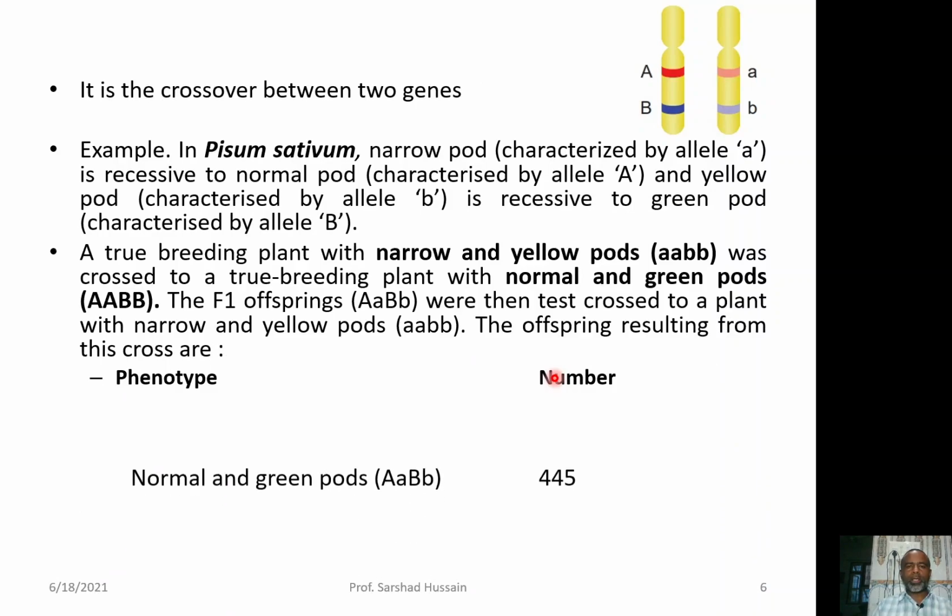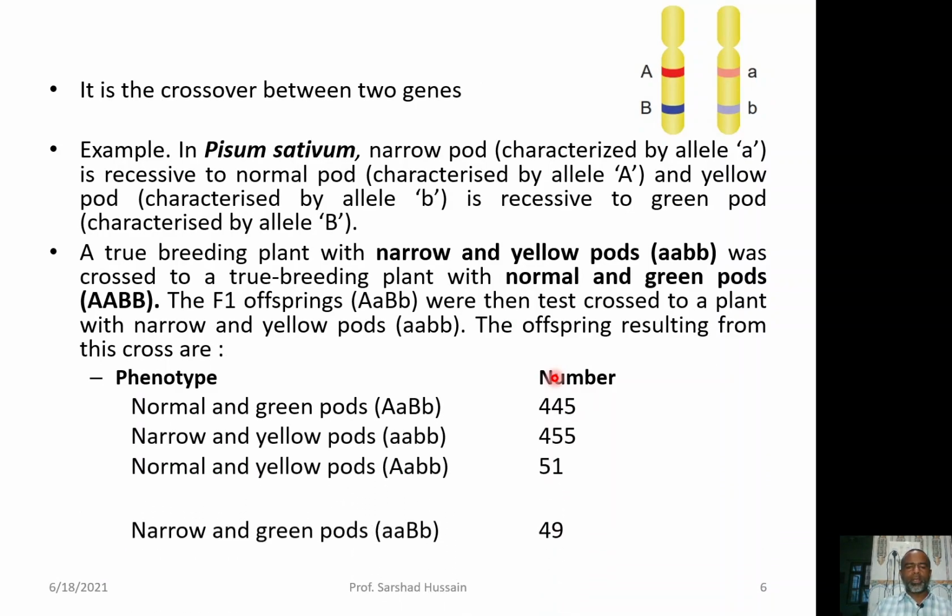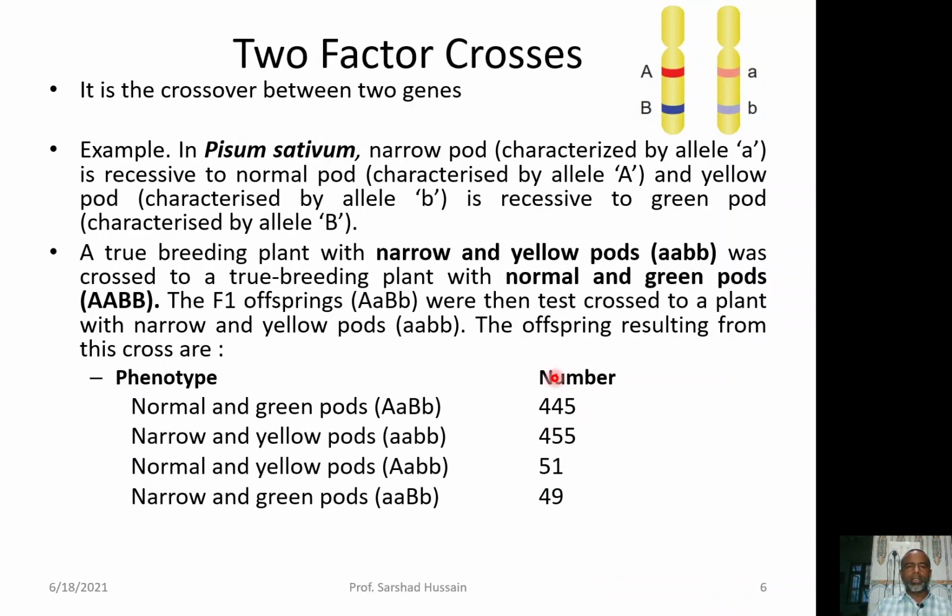So, 2-factor crossover is basically the crossover between the two genes, as we have already discussed. If crossing over takes place over there, leading to the interchange of this pair of the gene, this is called the 2-factor crossover. There is an example in Pisum sativum.